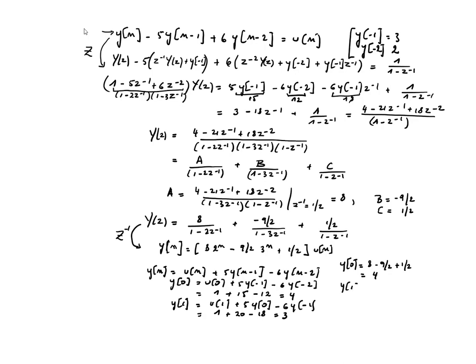And y1 is 16 minus 27 over 2 plus a half, and that's indeed 3. So we have checked that we meet the initial conditions, so we're more or less sure that this is indeed the correct response.